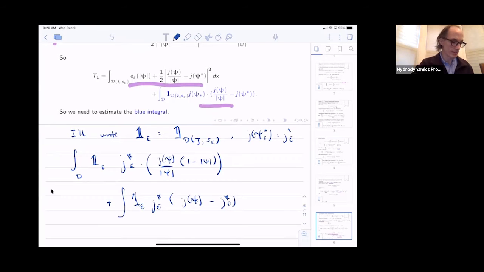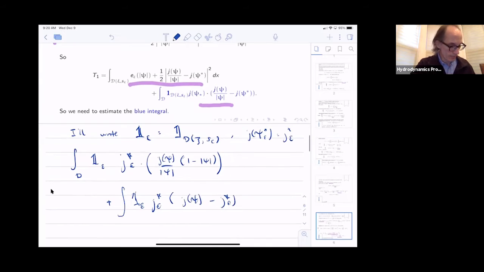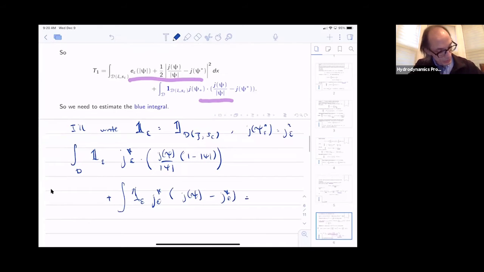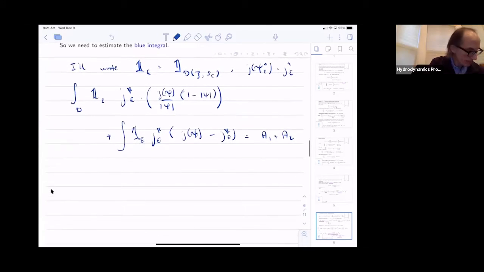Okay, and so I've added and subtracted this term, just J of psi. Equals plus A2. Okay, then A1.